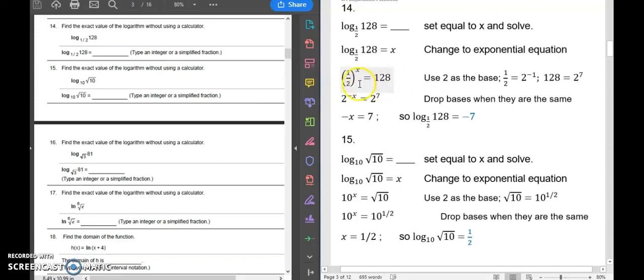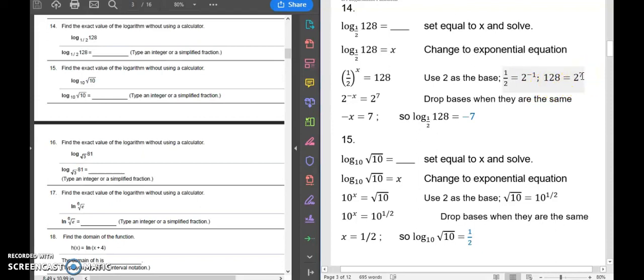So our equation ends up looking like this once we change it to an exponential. We have 1/2 raised to the x power equals 128. We see that we can use 2 as the base, so we need to change the base on both sides so that they can be the same. We'll rewrite 1/2 as 2 raised to the negative first power. We'll rewrite 128 as 2 raised to the 7th power.